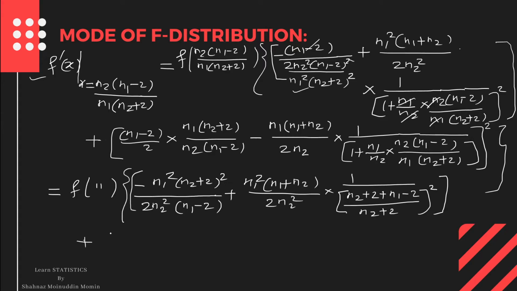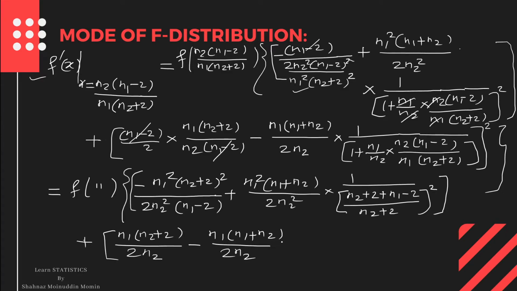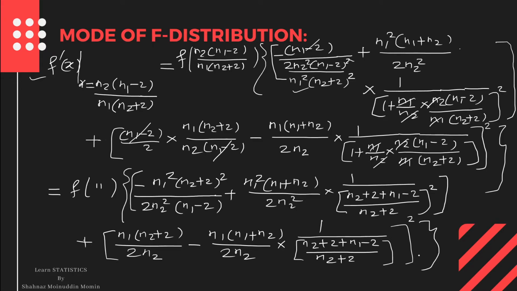Now let me write the second term as, see here n1 minus 2 and n1 minus 2 get cancelled and we are left with n1 n2 plus 2 by twice n2 minus n1 n1 plus n2 divided by 2n2 into, here also in the bracket n2 cancels, n1 cancels, and after taking the LCM we get n2 plus 2 plus n1 minus 2 by n2 plus 2 and this whole square, and the main bracket is complete.